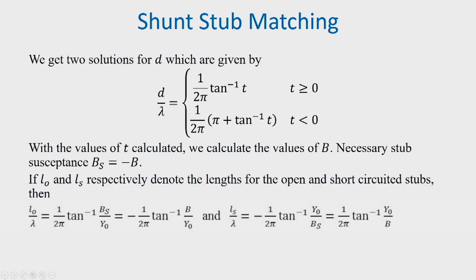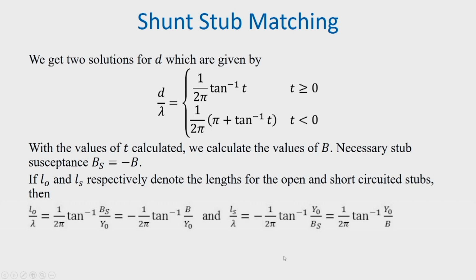And similarly, for the short circuited stub, Ls by lambda is equal to minus 1 by 2 pi tan inverse Y naught by Bs, which can be written as 1 by 2 pi tan inverse Y naught by B.